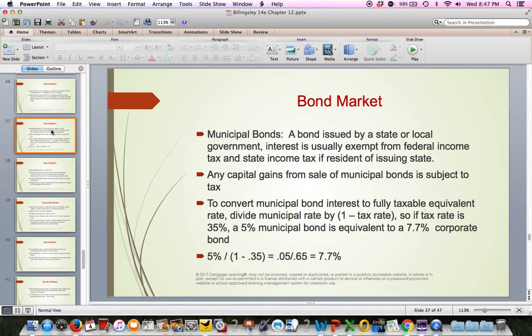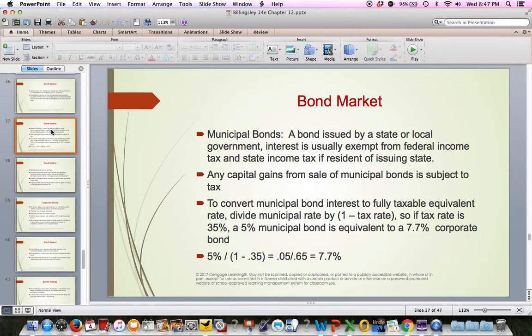To convert municipal bond interest to a fully taxable equivalent rate, divide the municipal rate by 1 minus the tax rate. So if the tax rate is 35%, a municipal bond at 5% is really the same as earning a 7.7% corporate bond.